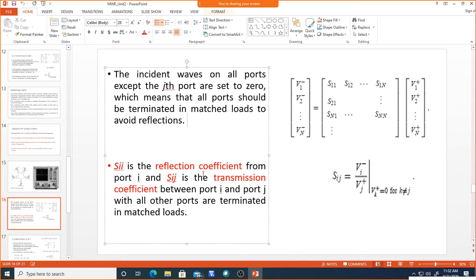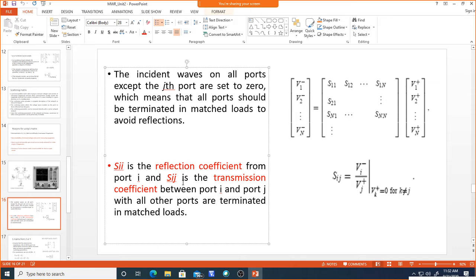Whenever you send the wave in at port 1, some power is reflected due to impedance mismatch, and that ratio of the reflected wave to the incident wave we call the reflection coefficient.